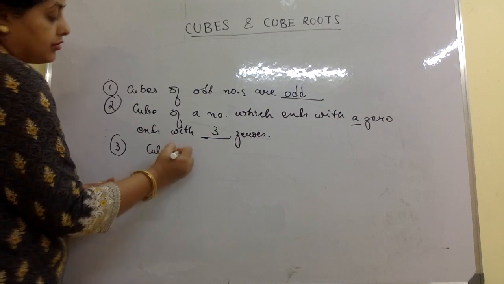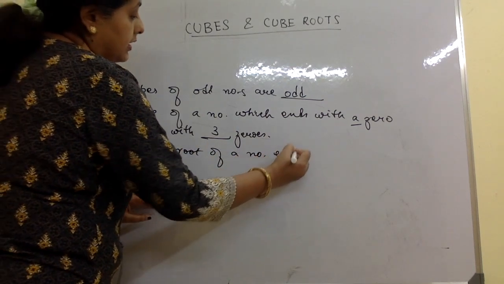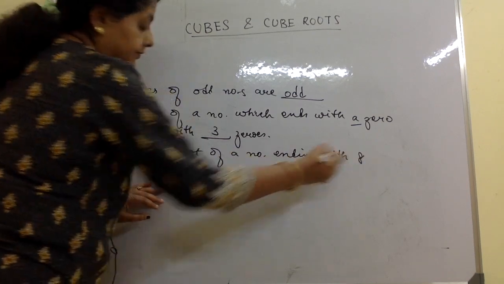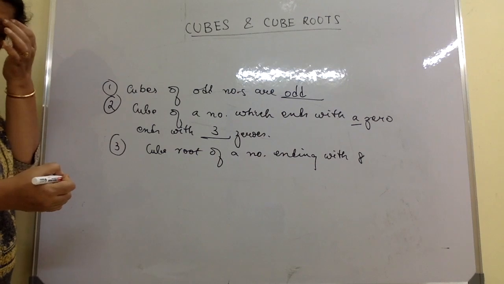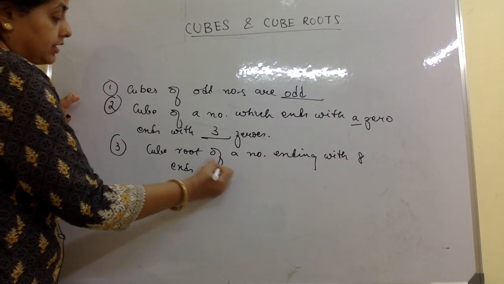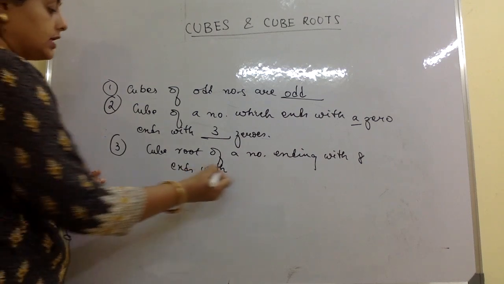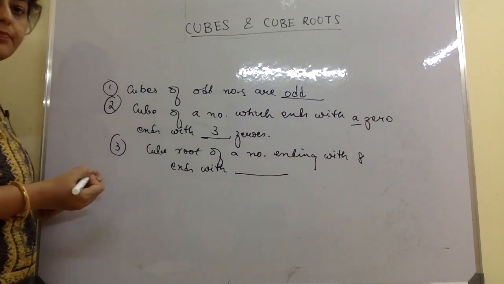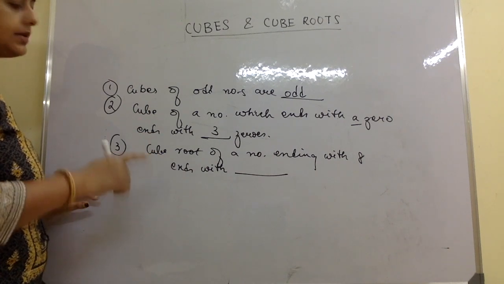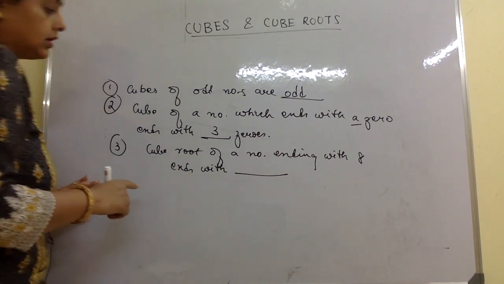Third one: cube root of a number ending with 8 ends with dash.